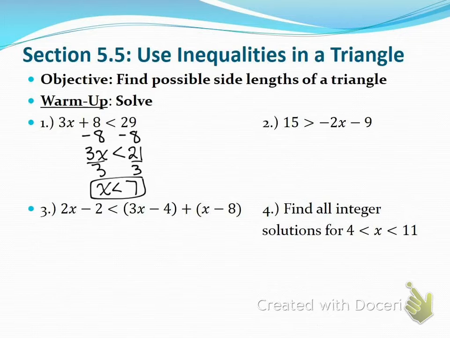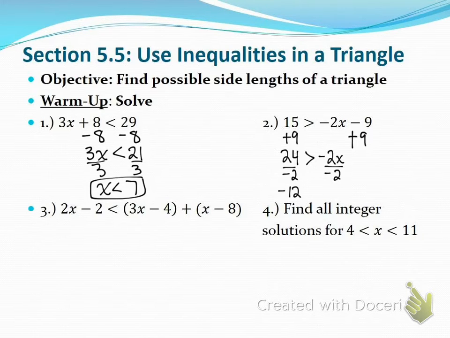Number 2, what would be your first step to solve? Add 9 is a good idea. Add 9 on both sides. That gives me 24 is greater than negative 2x. Very good. So we divide both sides by a negative 2, but we have to remember when we do that to flip our inequality symbol around.